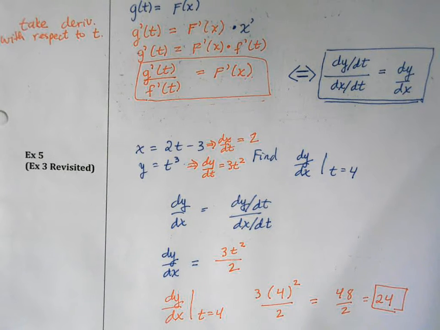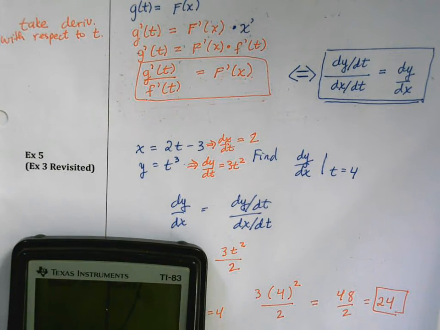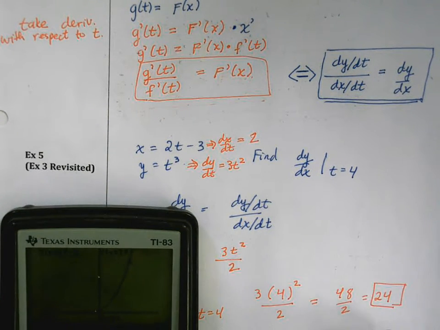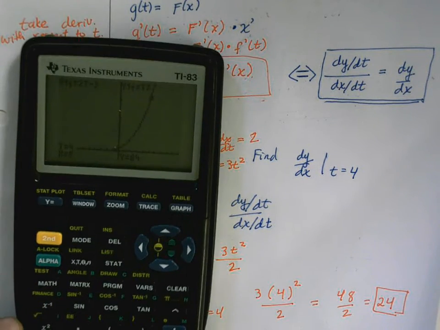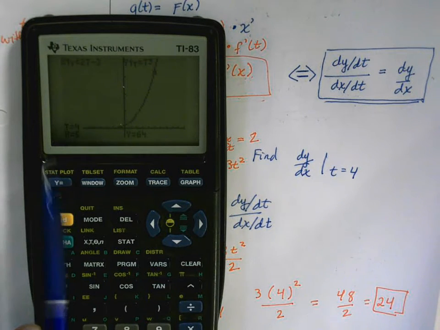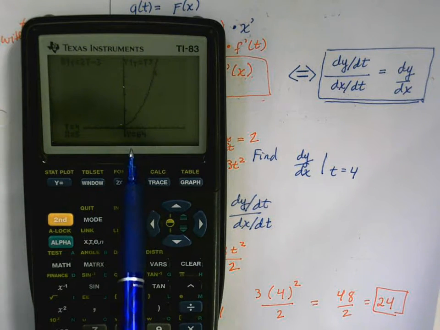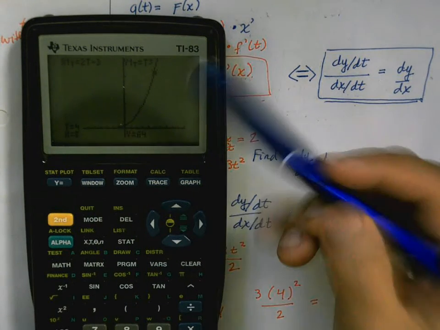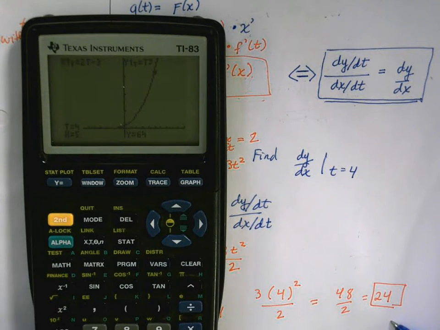And it's important, again, not to lose track of what we're trying to do. Remember that when I graph this parametric equation, I get this graph. And this 24 basically says that when t is equal to 4, x is equal to 5, y is equal to 64, so at that point the tangent line right there has a slope of 24.